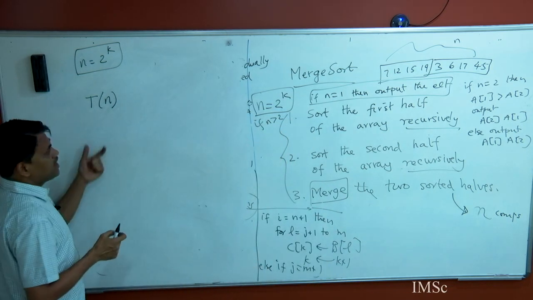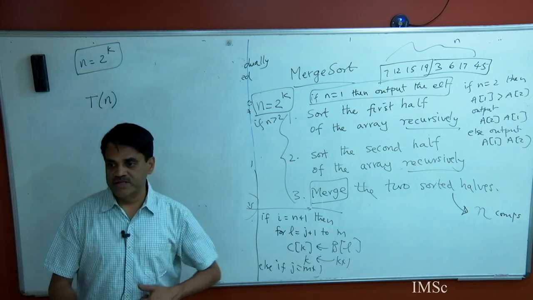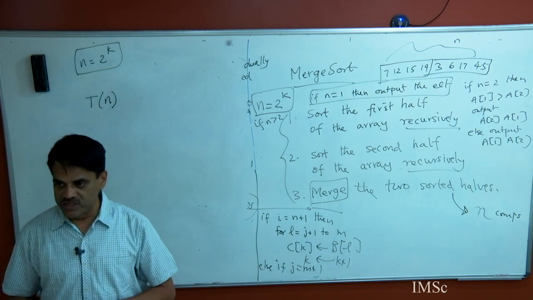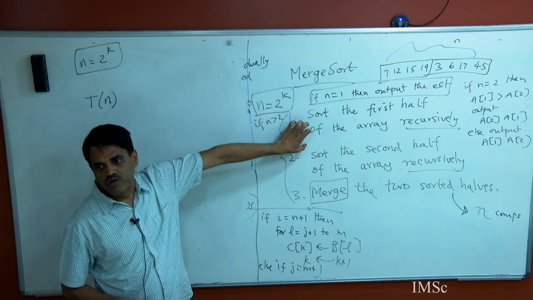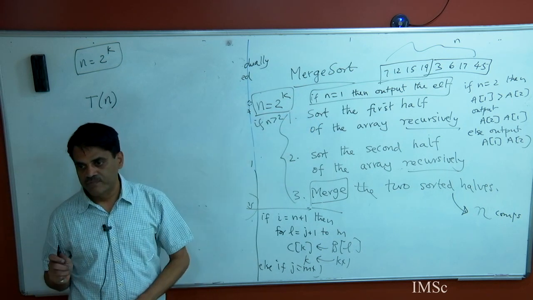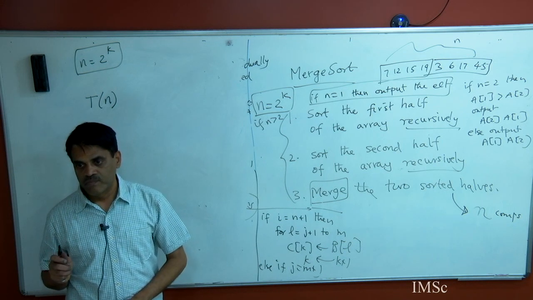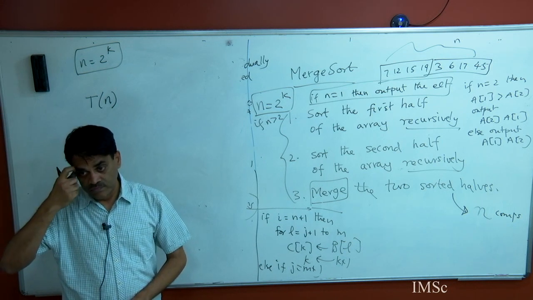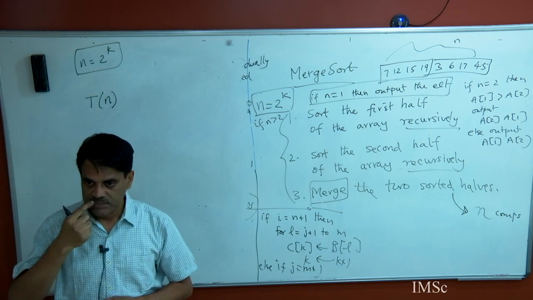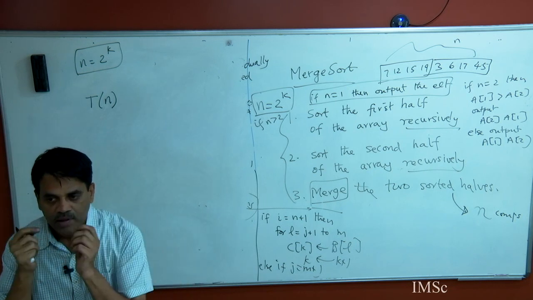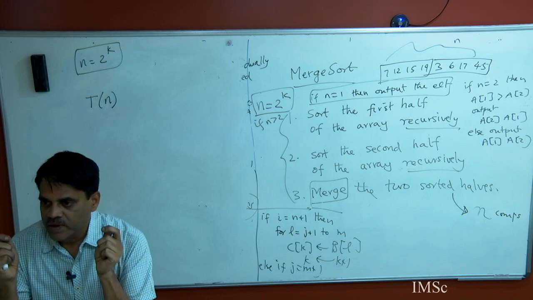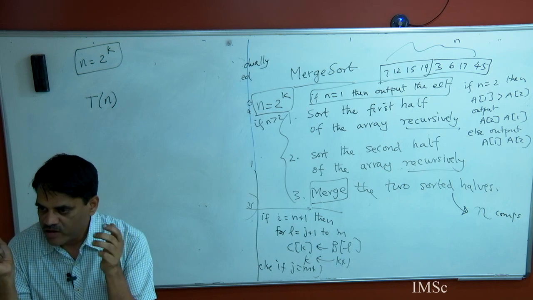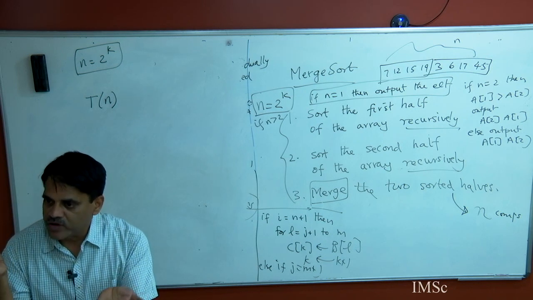Okay. So, if T(n) is the total number of comparisons made by the algorithm in the worst case, how many comparisons are made in the first step? To sort by this algorithm will take at most T(n) comparisons. T(n/2), exactly, right?